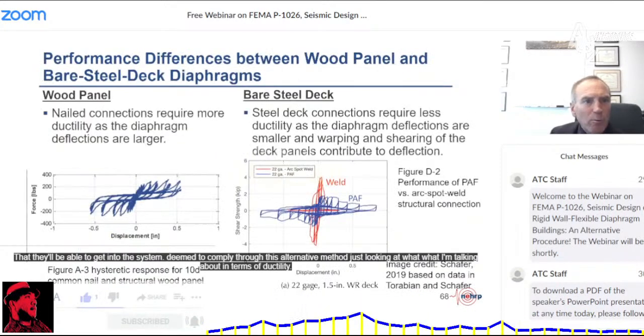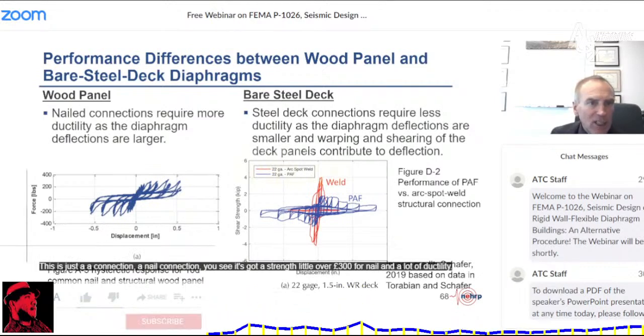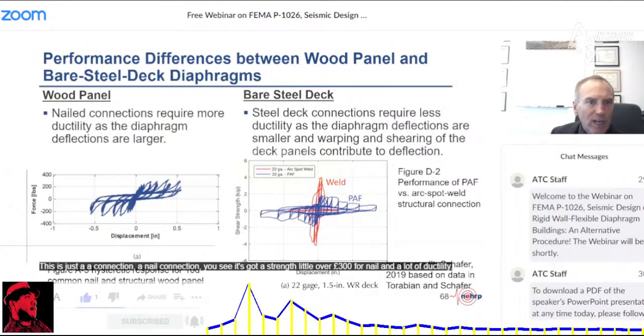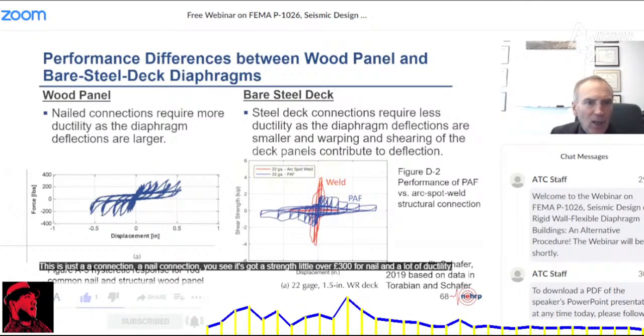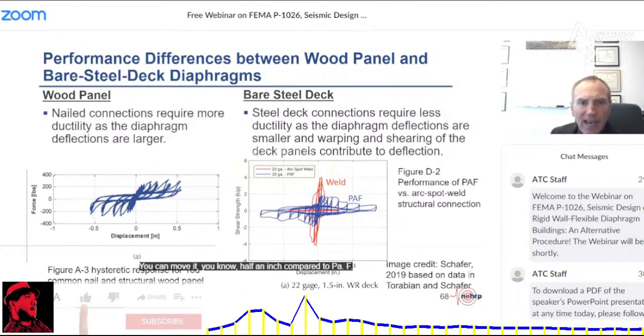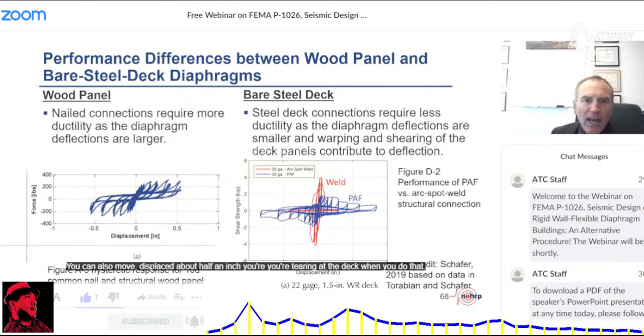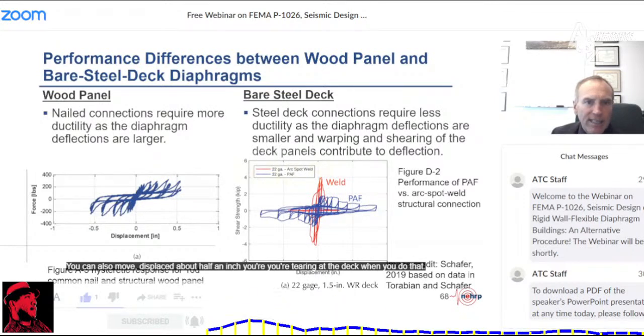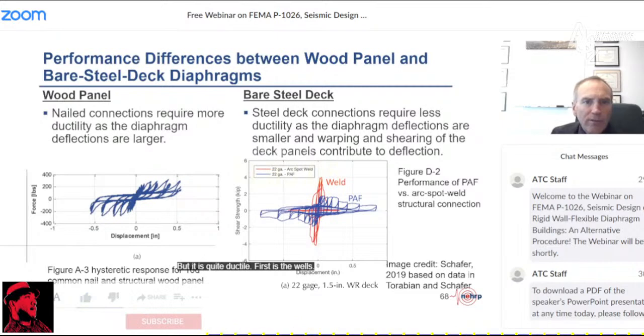Just looking at what I'm talking about in terms of ductility, this is a nail connection. You see it's got a strength a little over 300 pounds per nail and a lot of ductility. You can move it half an inch. Compared to a PAF, you can also displace about half an inch. You're tearing at the deck when you do that, but it is quite ductile versus the welds.